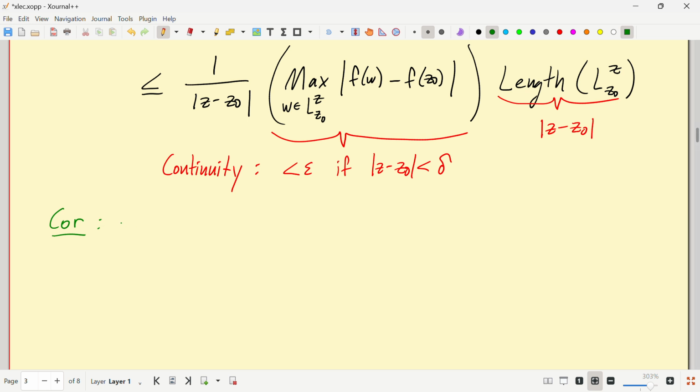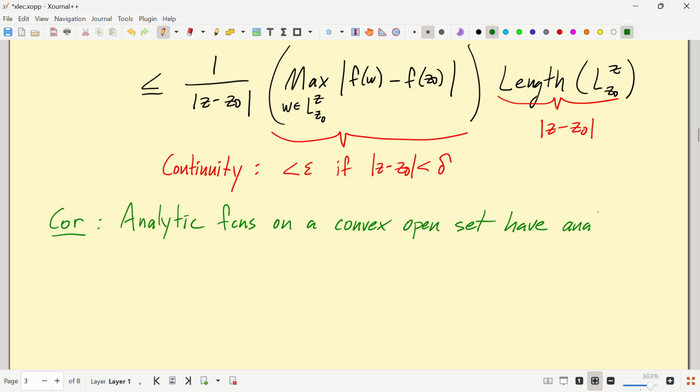Analytic functions on a convex open set have analytic antiderivatives, given by that integral, the line integral from a to z of f dw.